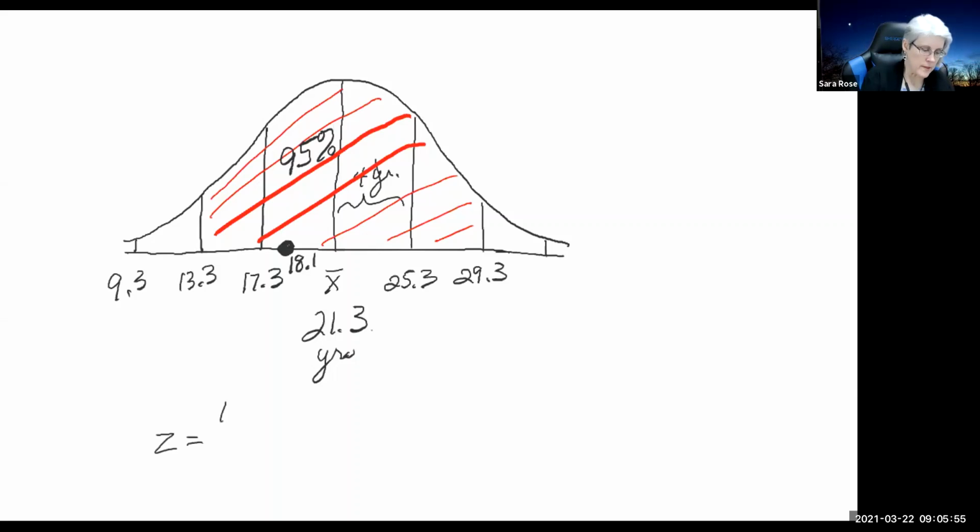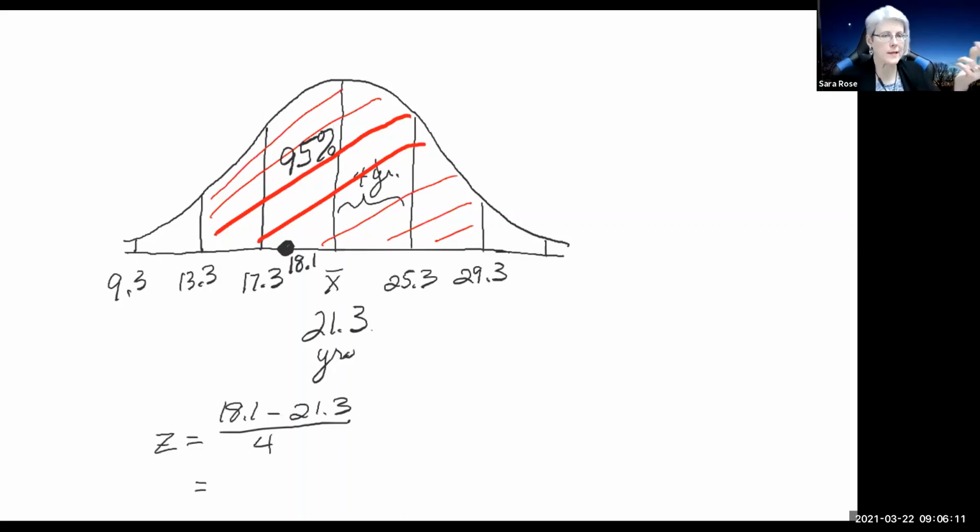Well, you could take the 18.1, subtract the mean, and divide by the standard deviation. And could somebody do that on a calculator for me real quick? 18.1 minus 21.3, get that value, and then divide it by 4, or put it all in at once with parentheses around the numerator. Minus 0.8, good, and confirmation, thank you.